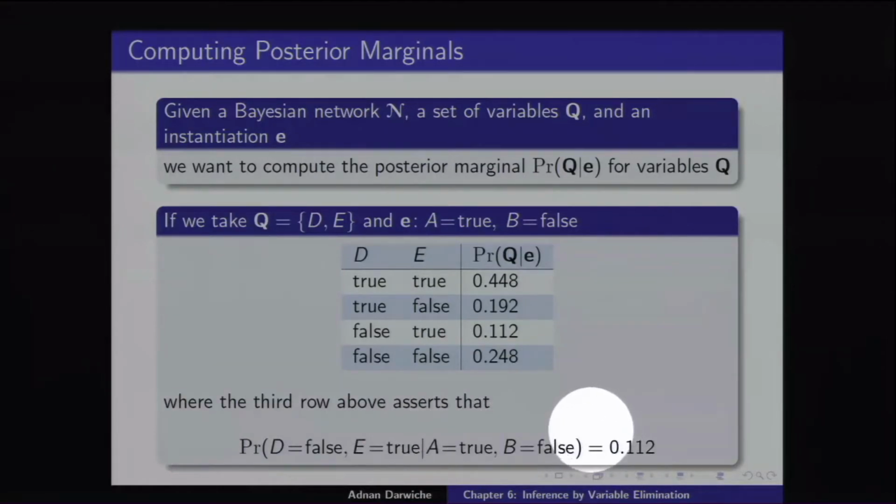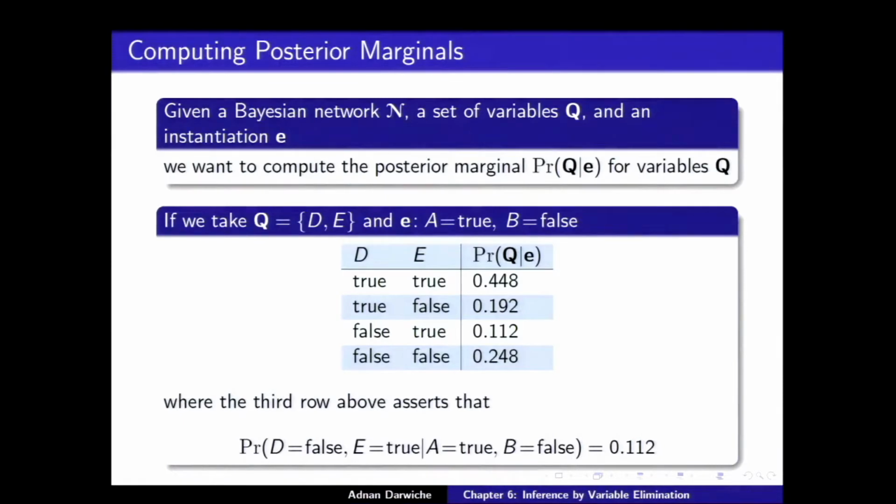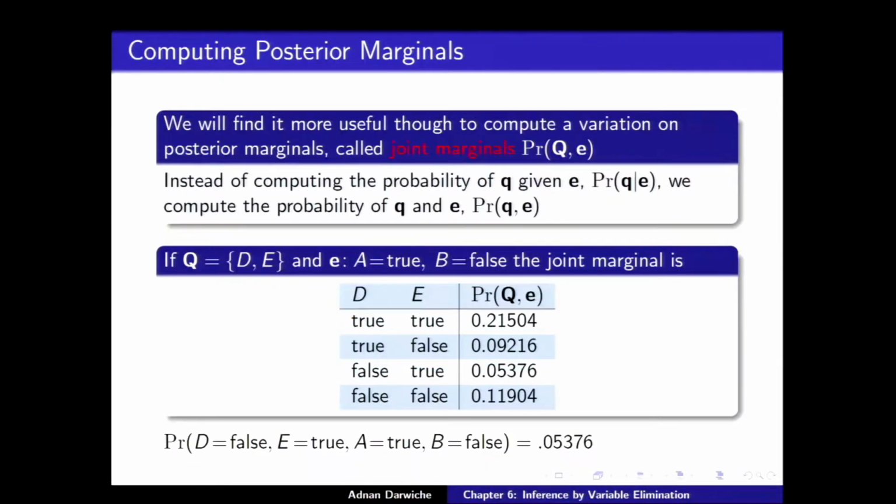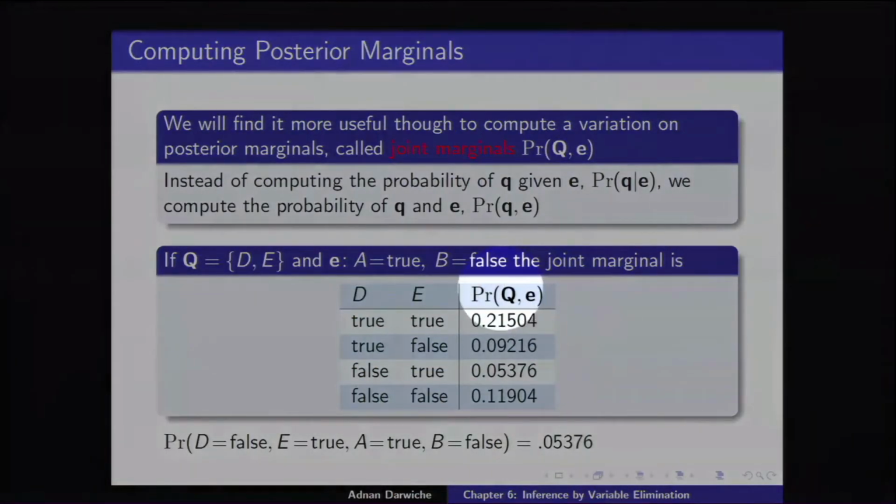Okay? Now, here's the interesting observation. And this was made actually, I think, in 88, in a paper by Mark Peot, who was a graduate student at Stanford, and Ross Shachter, who's still faculty there. If this is your goal, it may be a good idea not to compute this, but to compute what we call the joint marginal instead of the conditional marginal.